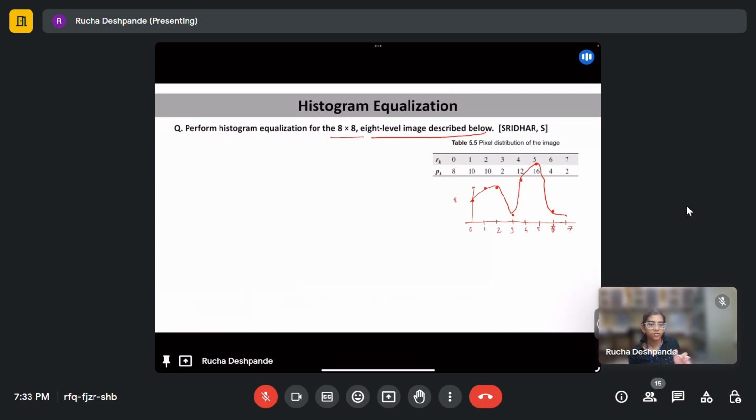Now we will try to do histogram equalization on this image. First we write down the total number of pixels corresponding to each DN value: 0, 1, 2.